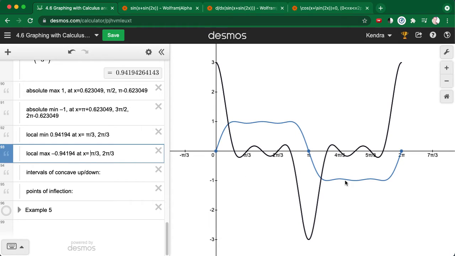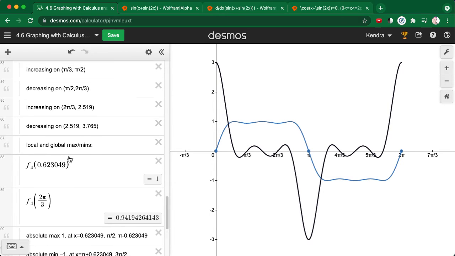At x equals, this is going to be 4 pi over 3 and 5 pi over 3. Okay. And basically, I'm doing this for x between 0 and 2 pi. You could just add 2 pi, plus any multiple of 2 pi to all of these, and you'll get all of them.